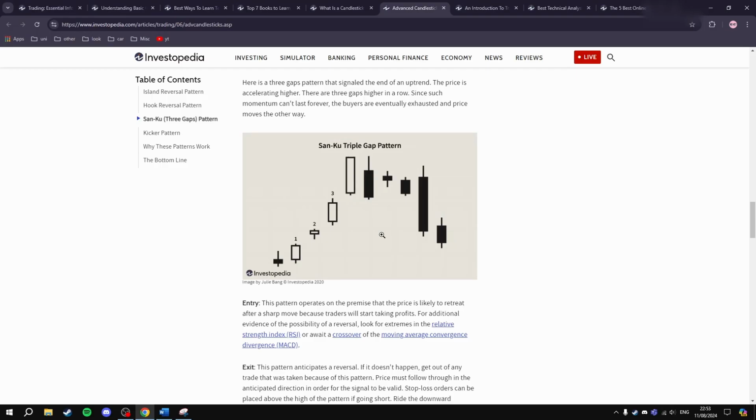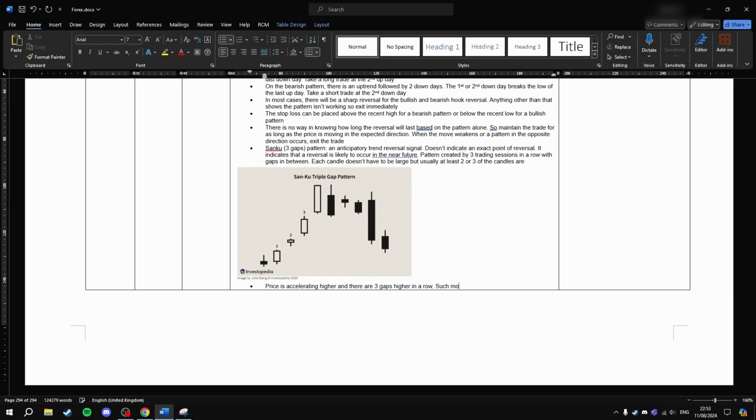Since such momentum can't last forever, buyers are eventually exhausted.